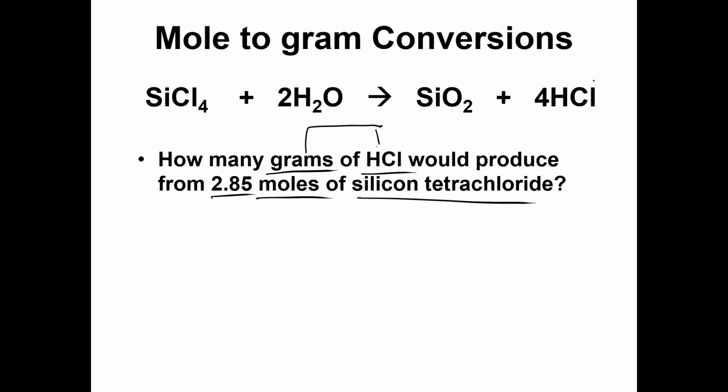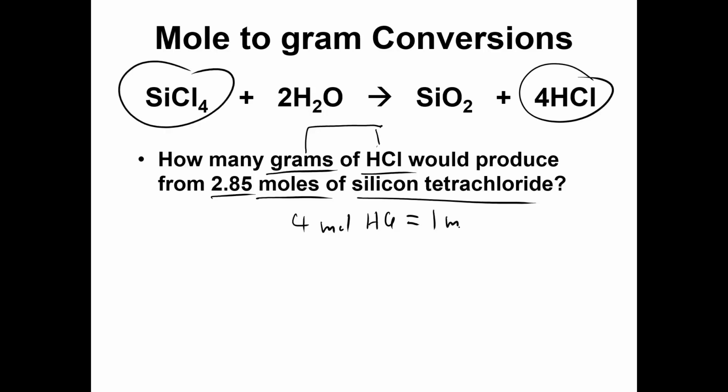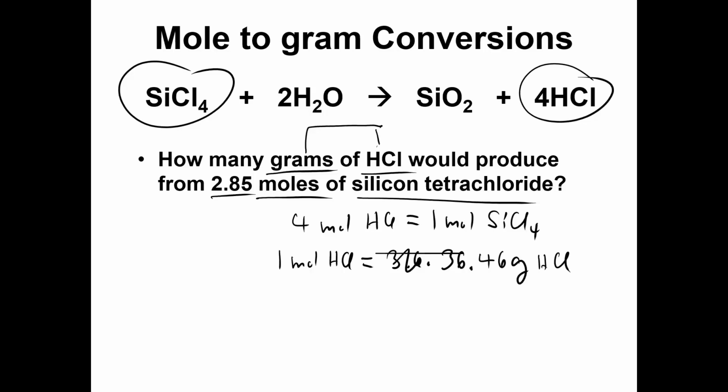We have HCl, so 4 moles of HCl equals, looking for silicon tetrachloride, 1 mole of silicon tetrachloride. That's one conversion factor, but I'm also going to have to go from grams to HCl. So we have 1 mole of HCl equals 36.46 grams of HCl.